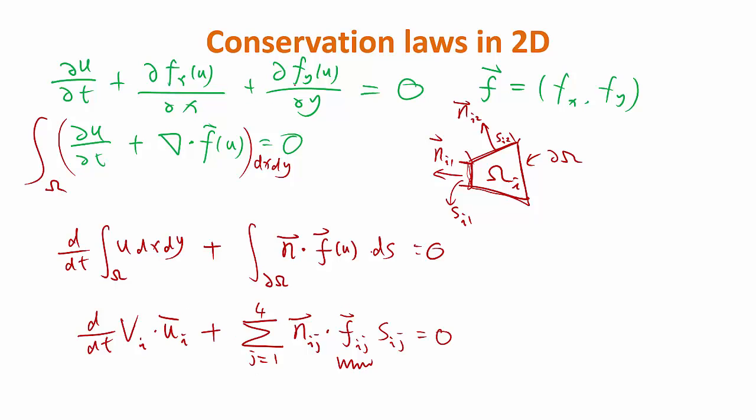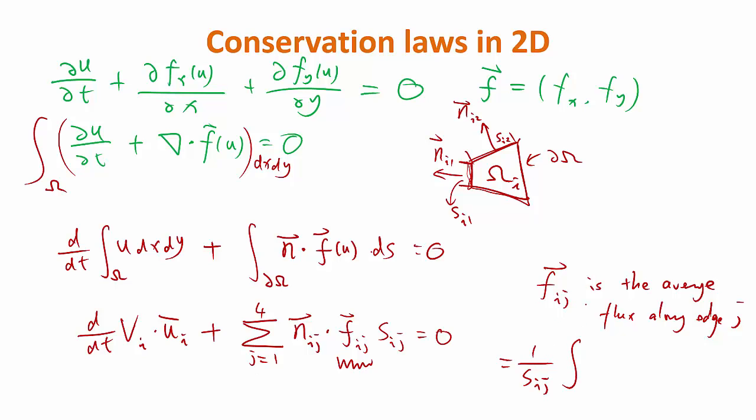But the derivation from the differential form up to here is exact, where F_ij is the average flux along edge j, which is equal to 1 over S_ij, 1 over the length, times the integral of f of u along this S. So it is the average over this line segment.